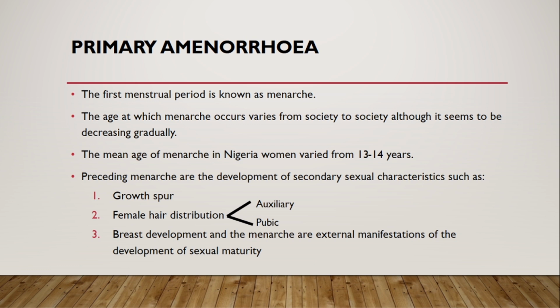Breast development and the menarche are external manifestations of sexual maturity. Menarche is the final stage of puberty.